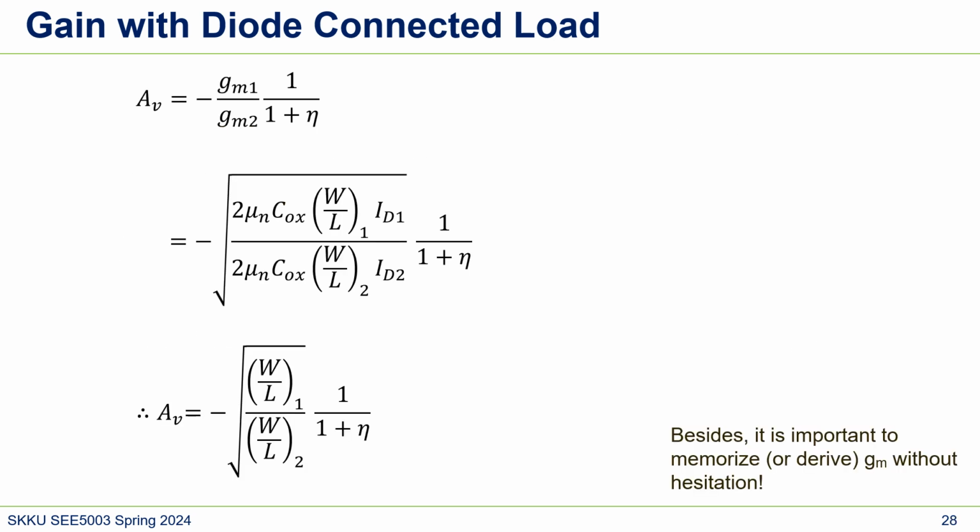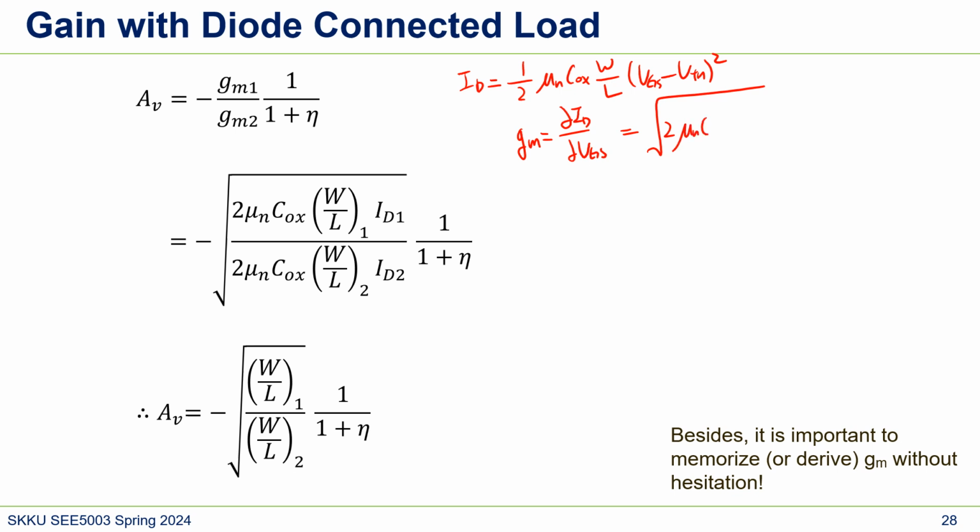We got a gain equation here, and let's modify the equation. As you remember, ID is 1 over 2 mu n COX W over L times VGS minus VTH squared. We're ignoring channel length modulation. Again, this equation is really important. Must memorize it. And GM is the derivative of ID with respect to VGS, which is also the square root of 2 mu n COX W over L ID.